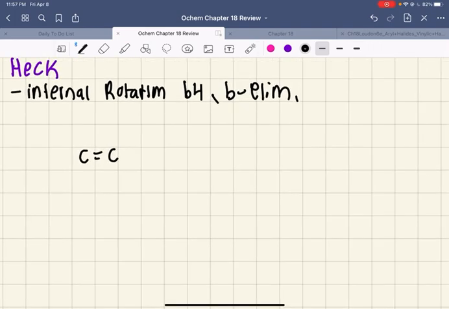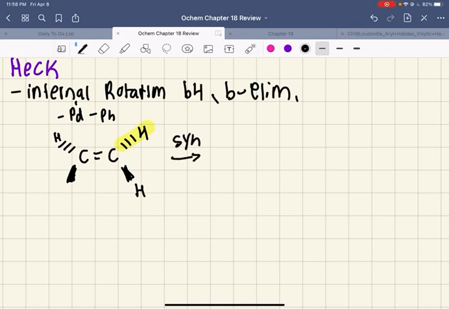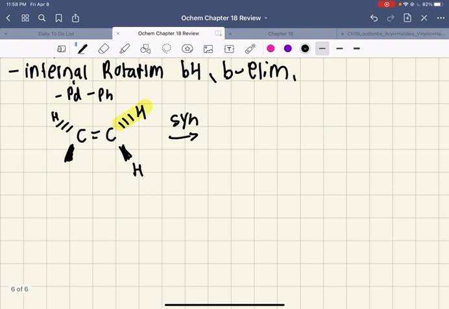You have a vinyl, a trans alkene here, and it's very specific. We'll take this group here. We're basically going to want this Ph group to substitute on this hydrogen by the end of this reaction, but we want it to remain in trans form, and this is how that will go.